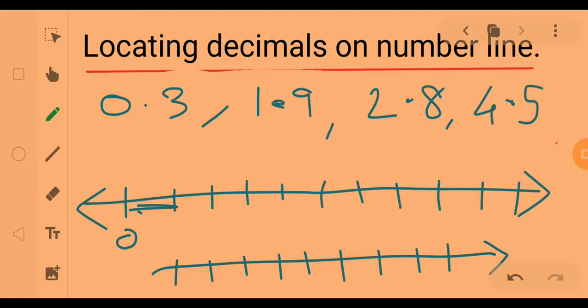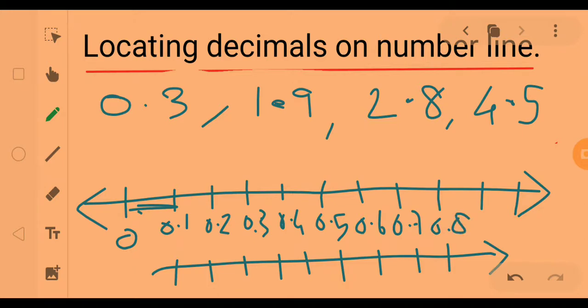After 0 I mark 0.1, 0.2, 0.3, 0.4, 0.5, 0.6, 0.7, 0.8, then 0.9.